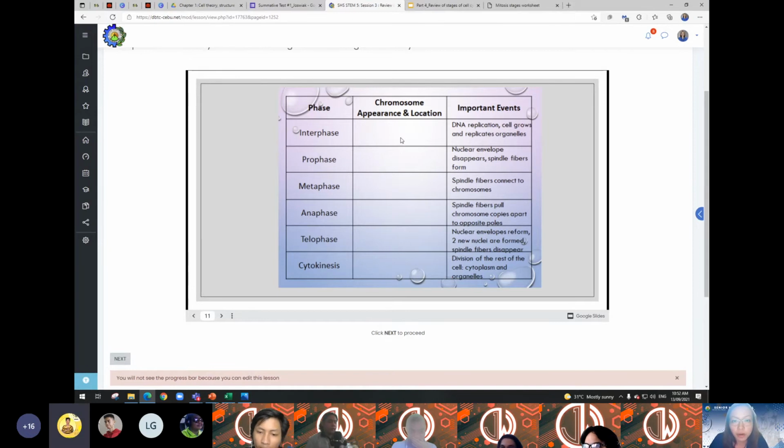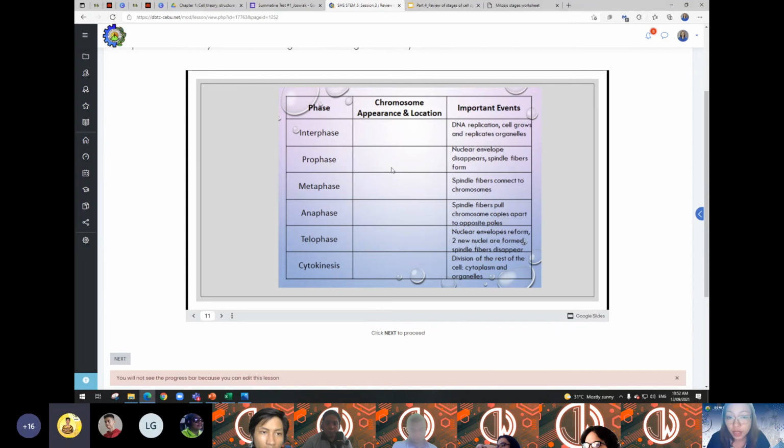Yes. Summarize chromosome appearance and location. In interphase, ma'am, the appearance is chromatid. Inside the nucleus or outside the nucleus? Inside the nucleus, ma'am.